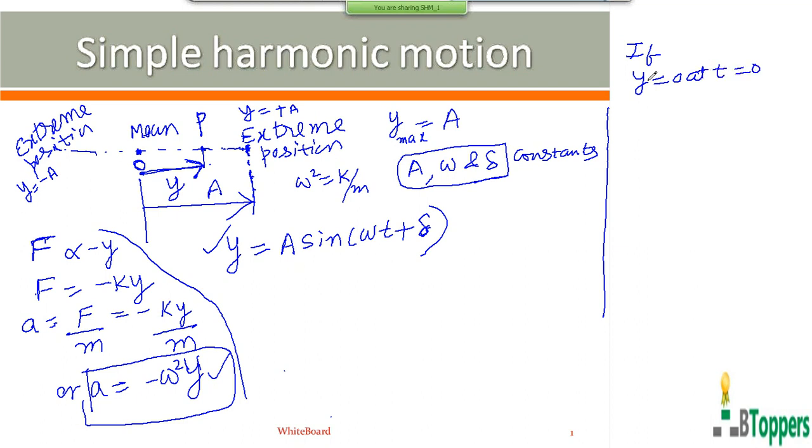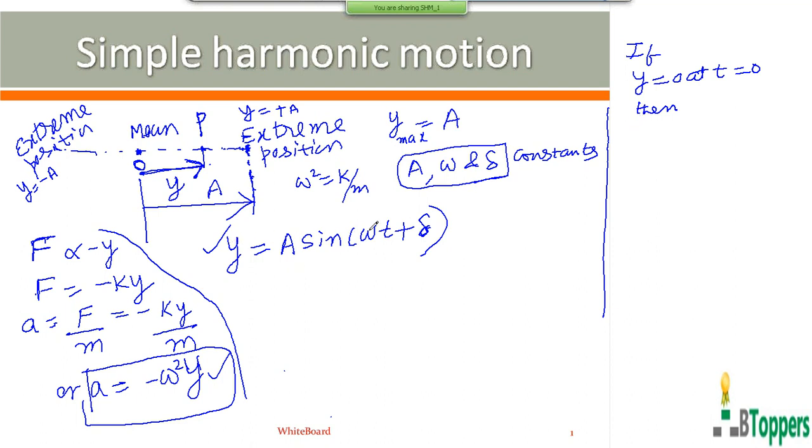That means if we start counting time from the instant when the particle is at the mean position, then the value of delta is a constant. The value of delta in the equation will be same for any value of time t. So the value of delta can be found from the initial conditions in the problem. That means the conditions for the initial position.